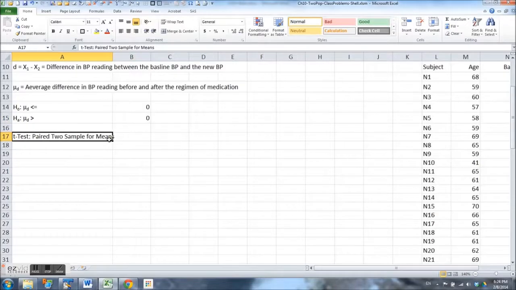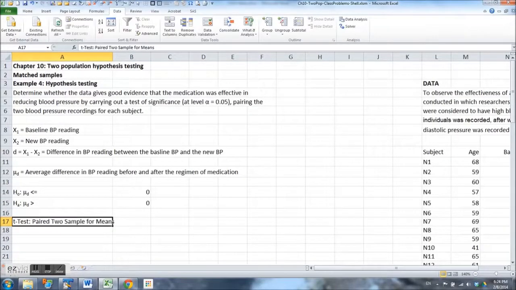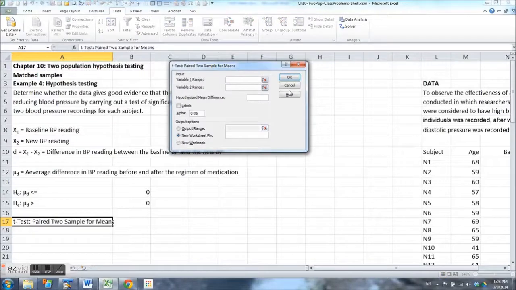So now we can run data analysis. If you look for matched pair, Excel calls it paired two sample for means, which is the same thing as matched samples. So select that.